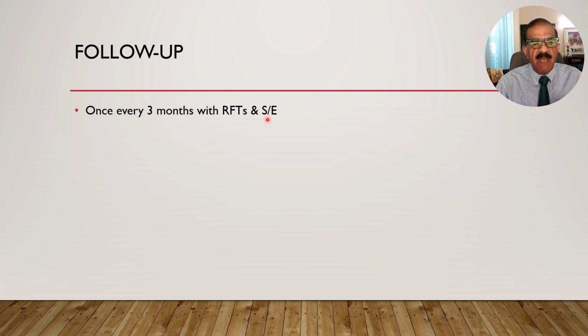But every time I would expect them to have their renal function tests and serum electrolytes. Once I see 3 or 4 readings, then I would know the tempo of the disease. If they are stable, then these tests may be done less frequently. Otherwise, having kidney function tests, creatinine and electrolytes, every 3 months and a follow-up visit would be very, very useful.